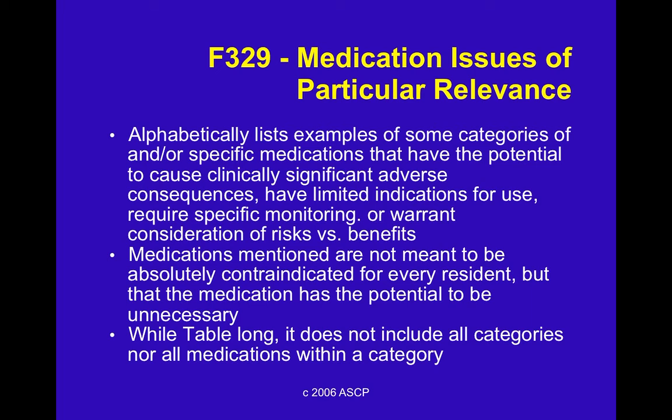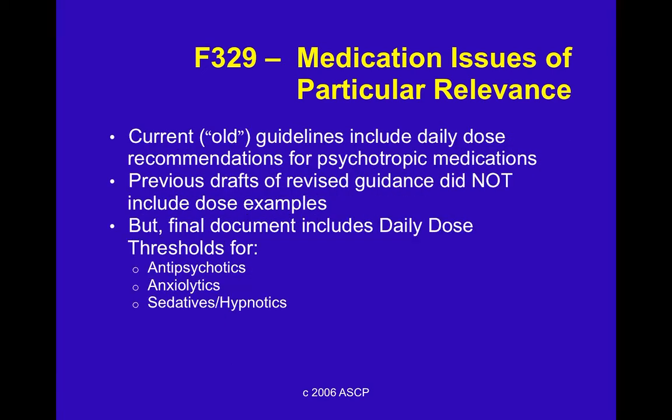F-TAG 329 does give you that table. It lists examples of categories and possible problems. This is guidance that surveyors use, so you want to familiarize yourself with this table, the medications that go along with it, and what issues you need to focus on.